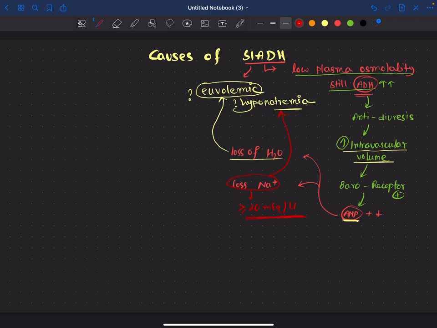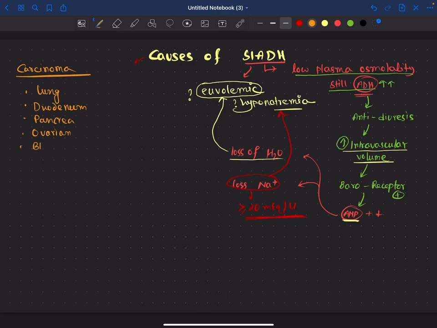So what are the causes of SIADH? Let us discuss that. First cause, you have to know that many carcinomas are the causes. Like lung carcinoma, such as small cell carcinoma or oat cell carcinoma, duodenum carcinoma, then pancreatic carcinoma, ovarian carcinoma, and bladder and ureter carcinoma.